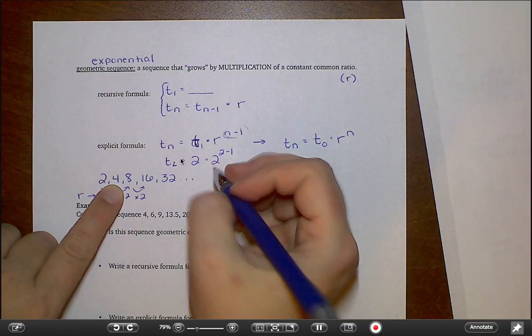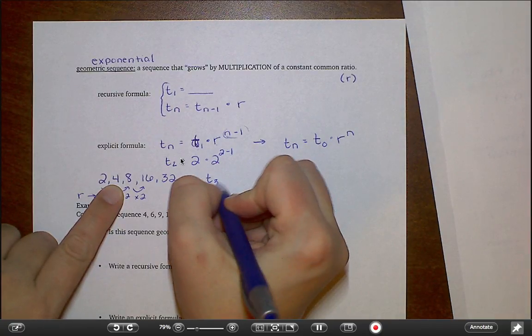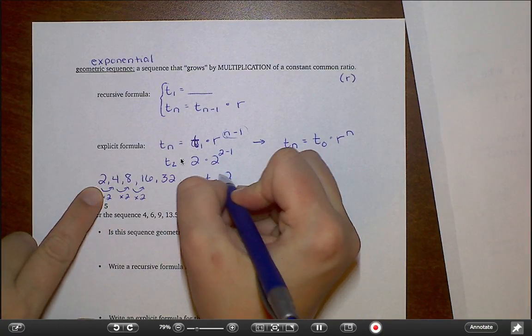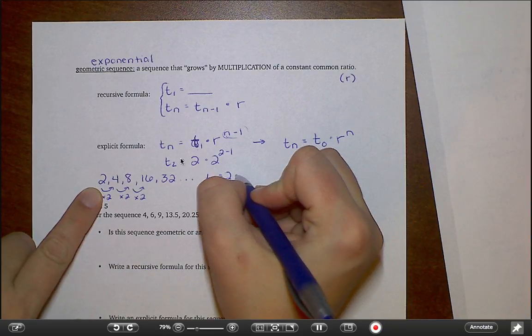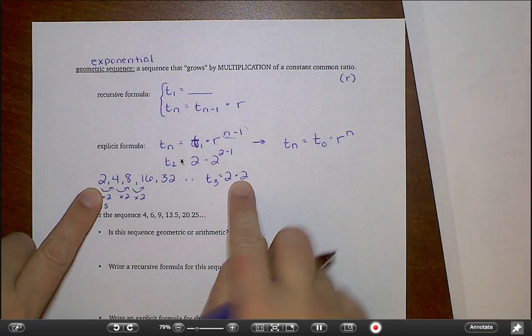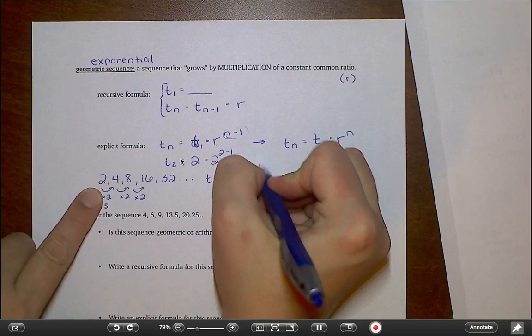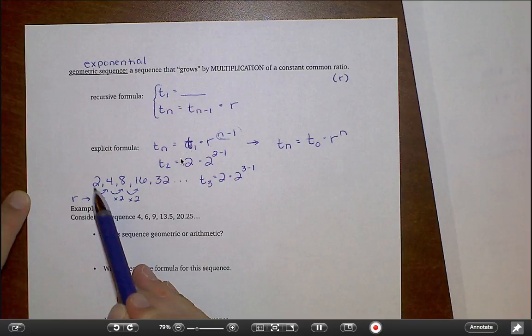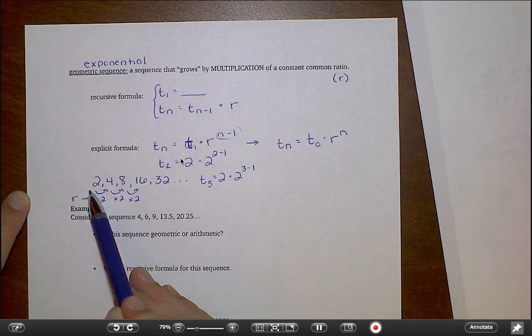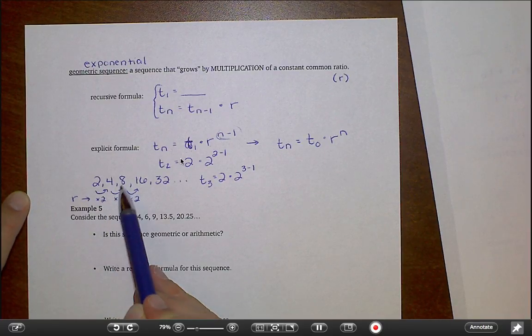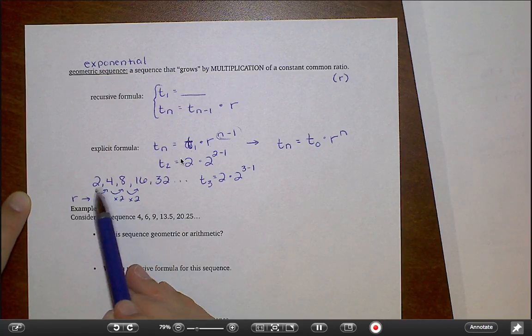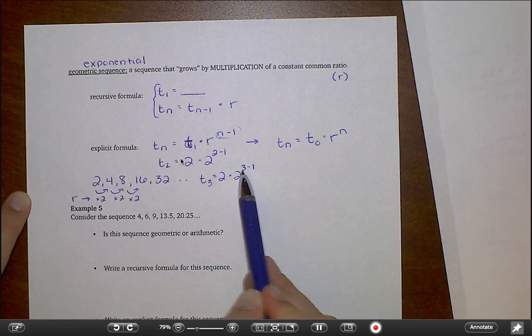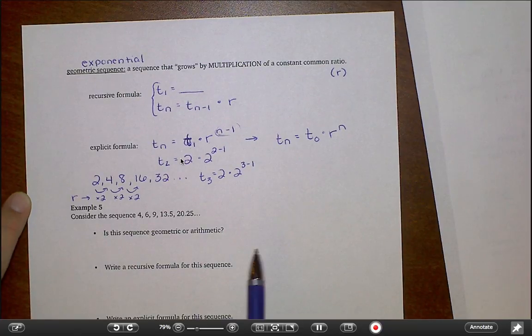If I wanted term 3, I would take my first term 2 and multiply it by my r value 2 twice, because that's how many jumps it takes to get from one to the next. So if I wanted to get from this term to this term, I would multiply once, twice. So even though you're looking for term 3, you only actually multiply twice. And that's why you have this n minus 1 in here.